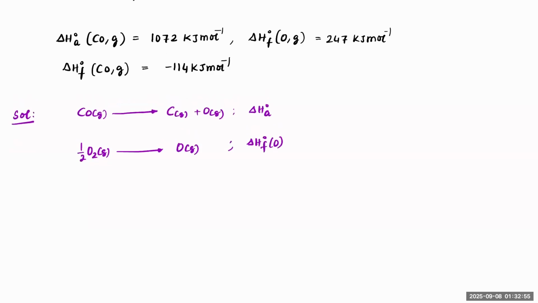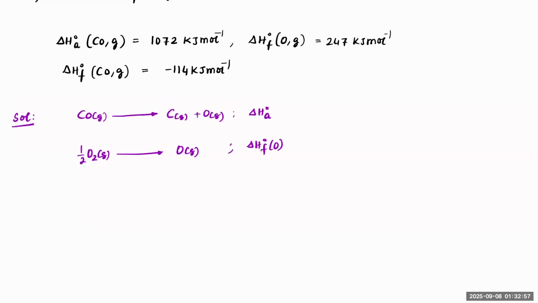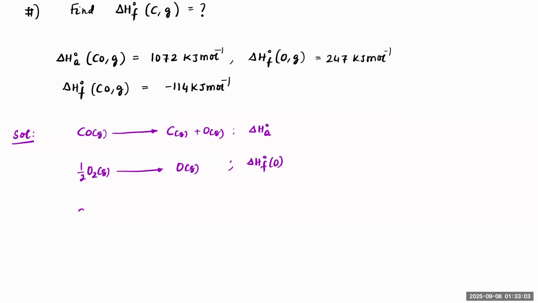Next is carbon monoxide formation. So CO, carbon monoxide, from where does it form? It will form from C graphite in solid state plus half of O2 in gaseous state. These are their elemental forms to get CO gas.